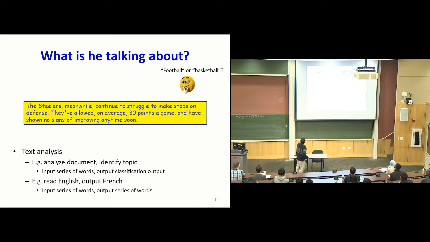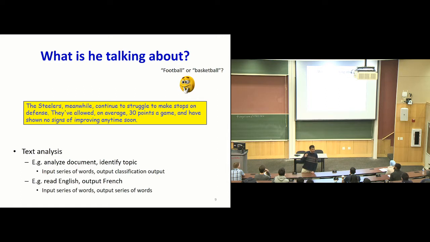This is text. When you're analyzing text, you have the same situation. So the Steelers, meanwhile, continue to struggle to make stops on defense. They've allowed, on average, 30 points a game and have shown no signs of improving anytime soon. I've been showing this little blurb for several years, and it has been true all those years. But anyway, after reading that, you had to observe that the word football is not mentioned at any point.